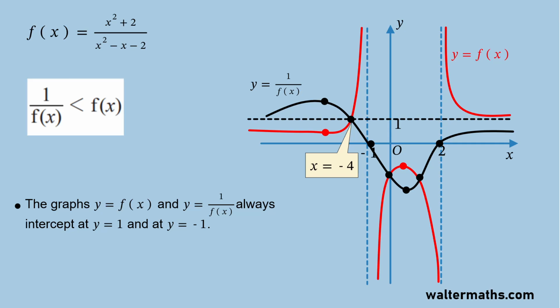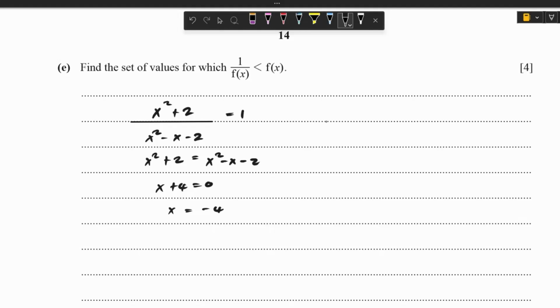We also need to find the other intercepts right here, and this is where the graphs intercept where y is equal to minus 1. So basically, we are saying that x squared plus 2 over x squared minus x minus 2 is equal to minus 1. And multiply both sides by the denominator, we get x squared plus 2 is equal to minus x squared plus x plus 2.